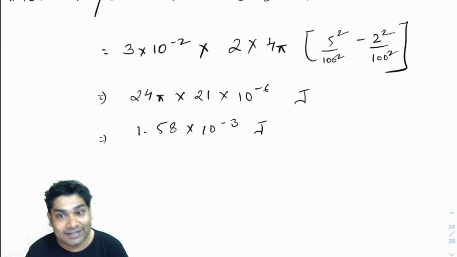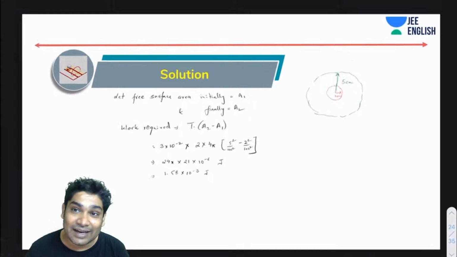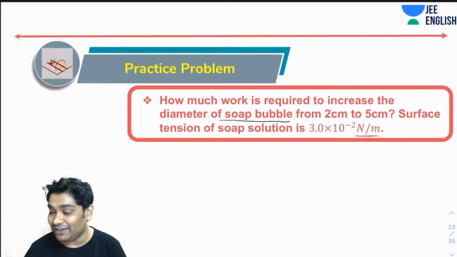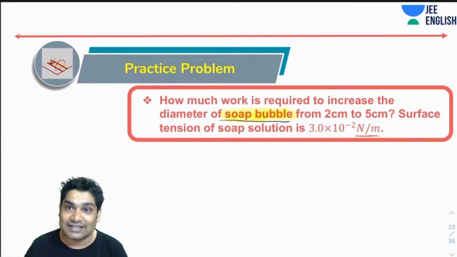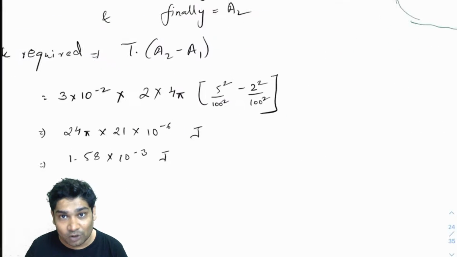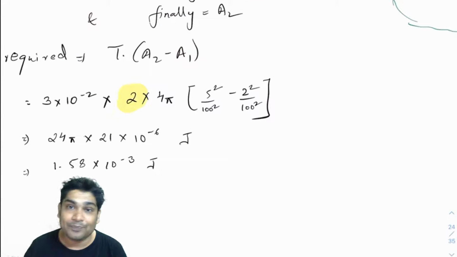That is why I gave this problem, because I knew you would make that mistake. So now please remember to read your questions very, very carefully. In case of soap bubbles, there are two free surfaces. So please remember when you're talking about the change in surface area, this 2 will be here.